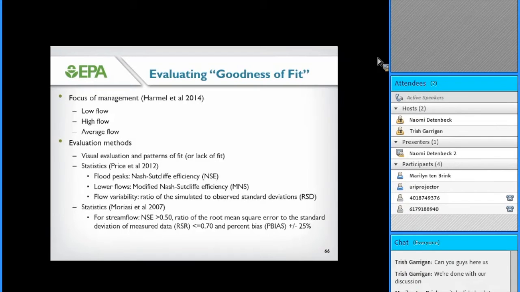So we've included some of the common statistics for goodness of fit: the flood peak, lower flows, flow variabilities, and there's more information about that in the documentation. And then example case studies are provided for WMOST. What WMOST provides right now in version 2.1 is the ability to look at the fit visually. So the default interface doesn't calculate the flow statistics yet. That's something that can be built in the next version.